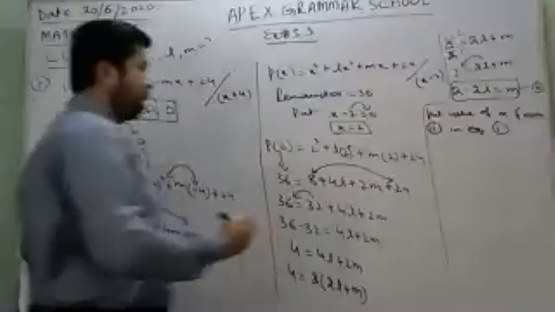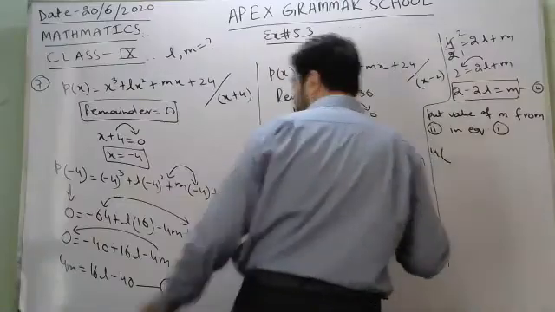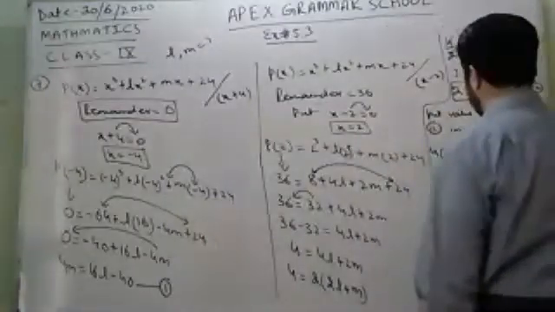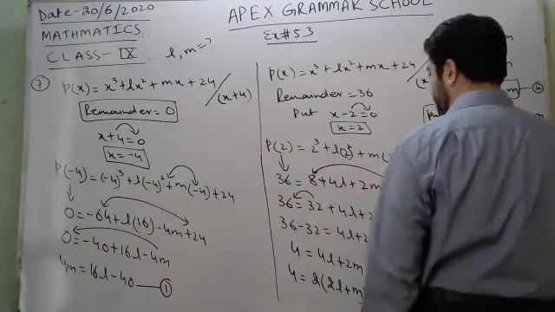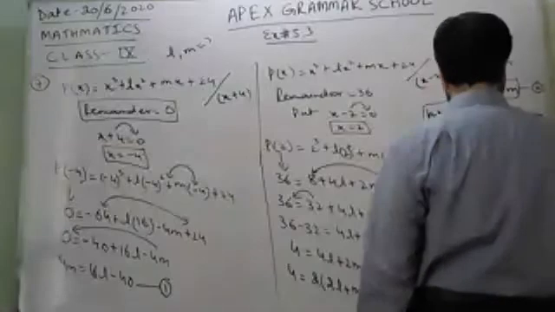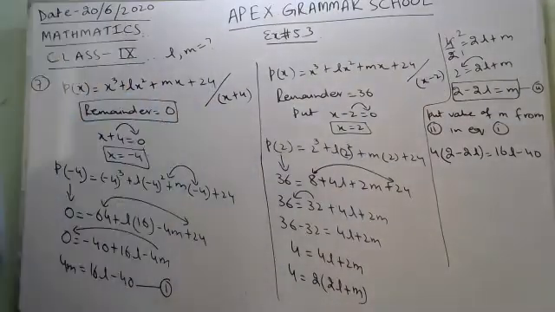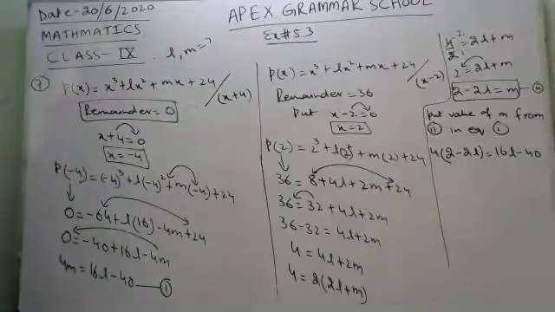So we are going to write 4 into M. Instead of M, I'm going to write 2 minus 2L is equal to 16L minus 40. Now you can see that you have only L there and not any other variables.